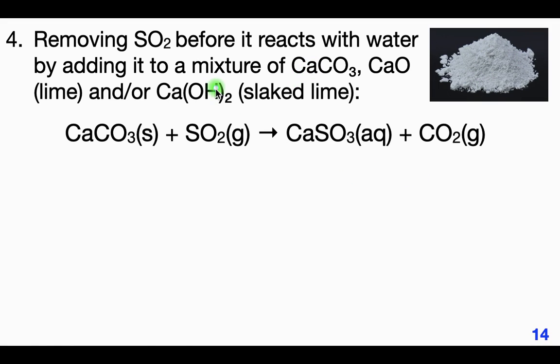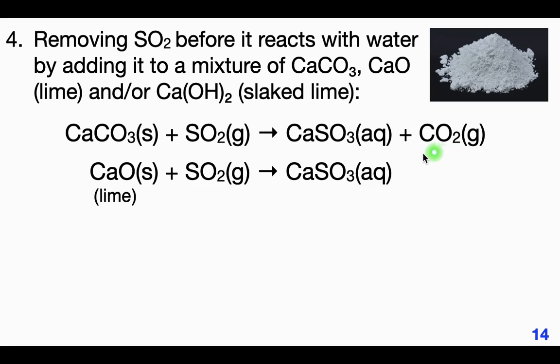Now, each one of these can react with sulfur dioxide to remove it. So calcium carbonate and sulfur dioxide forms calcium sulfate and carbon dioxide. Calcium oxide also reacts with sulfur dioxide. In this case, it forms only calcium sulfite.